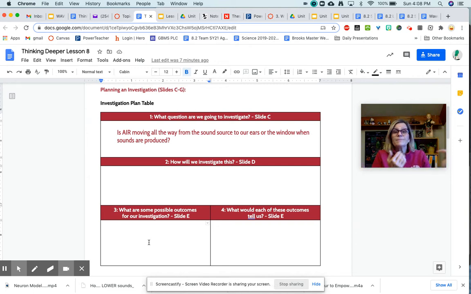Or if we did something else, what would be the result? And what would that tell us? So for example, well, I can't give you an example because I don't want to give it away. So just be thinking, what are you doing with the cell phone and the container? What do you hope that will tell you? Okay, so that's what you would put in the slide right here and right here. What would those outcomes tell us? So take some time to think about how you're going to run this investigation and what it would say.